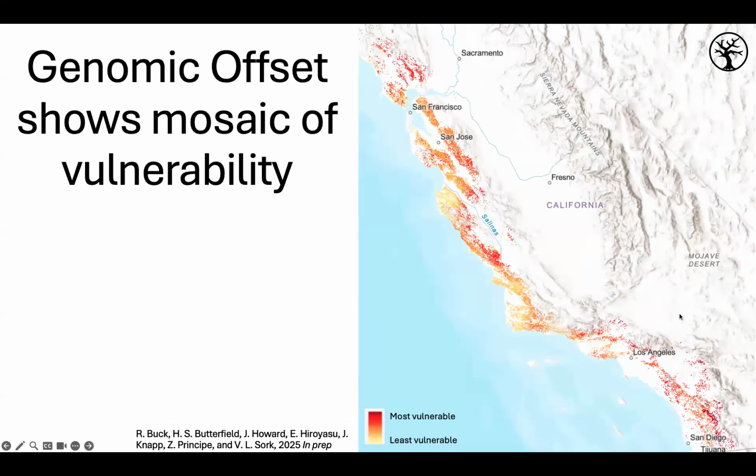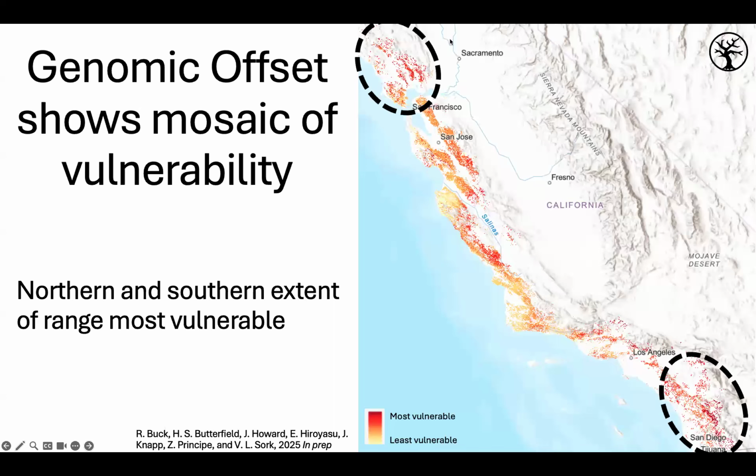So for coast live oak, we found a mosaic of vulnerability across the range. These darker reds indicate more vulnerable. The yellows indicate more resilient or less vulnerable. And we found that the northernmost and southernmost, especially near San Diego, are going to be the most vulnerable parts of the range.